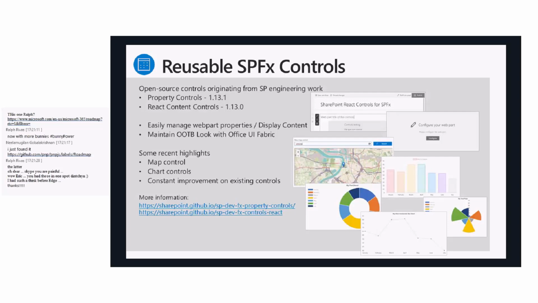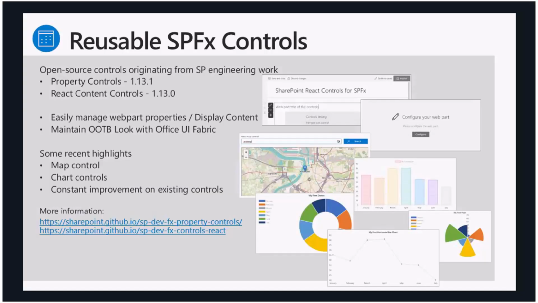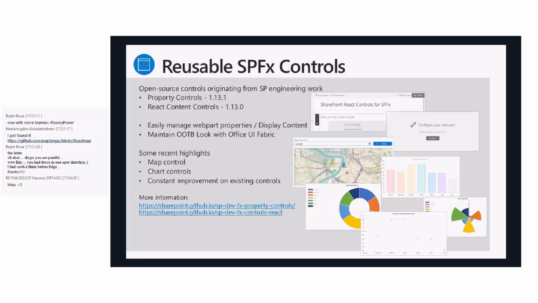What we're currently working on is the React controls, which are the controls you use inside the content zone of your web part or inside your extensions, version 1.11. Version 1.11 will contain two new controls, which is really nice: first the map control, which you can already see and I will quickly demo, and a chart control.